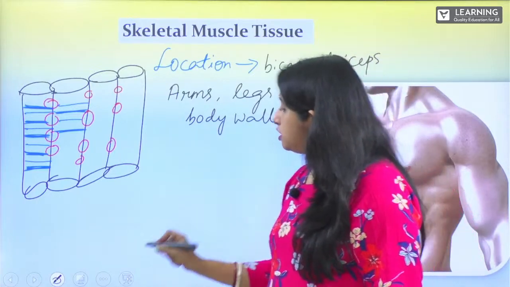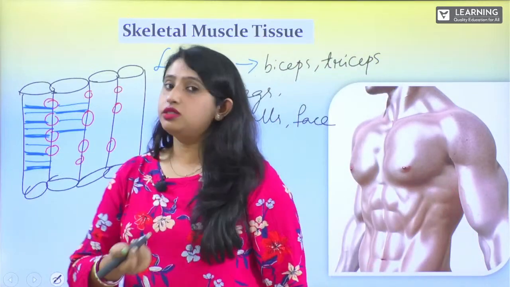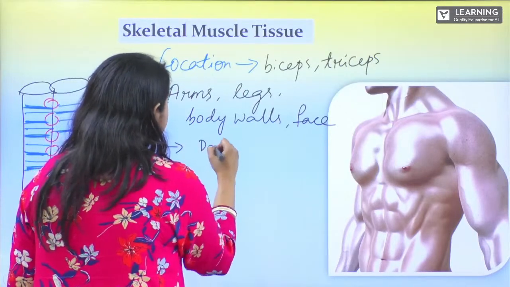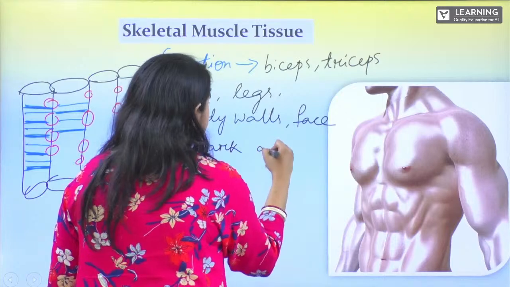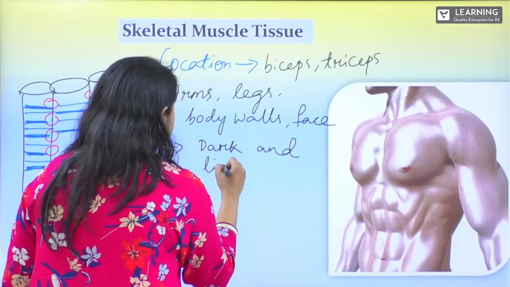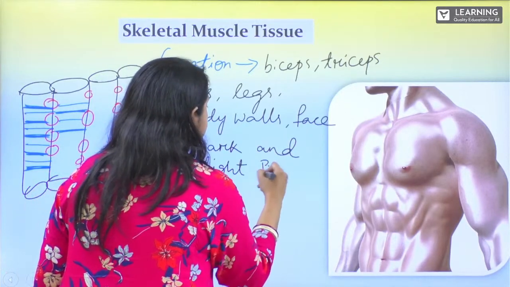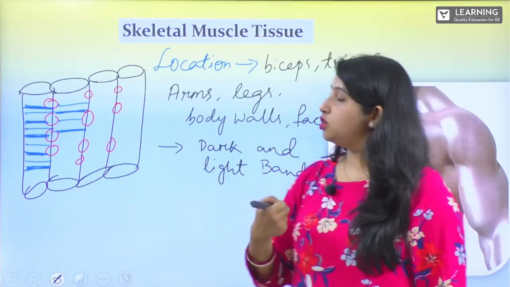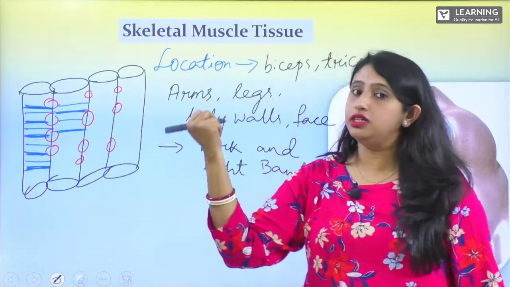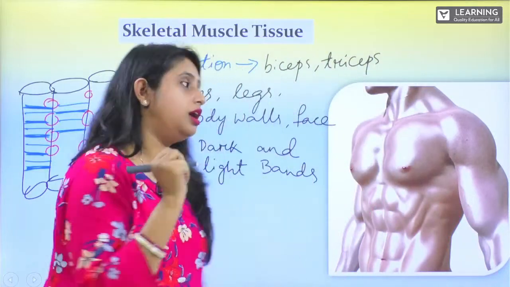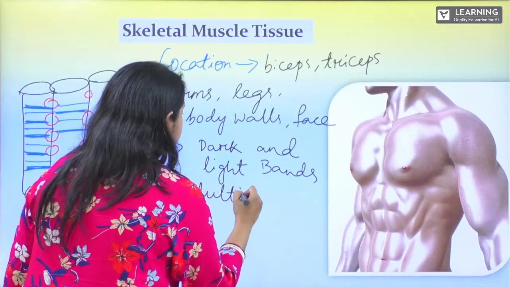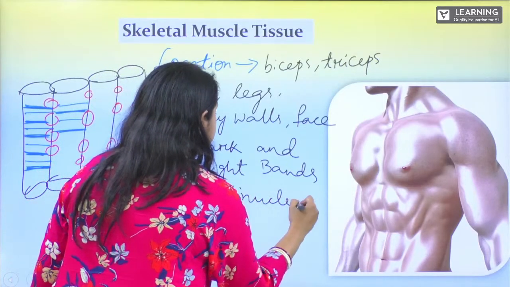So what you can see here in the striated muscle, we will find dark and light bands, isn't it? Then how many nuclei are there, one or many? They are multinucleate.